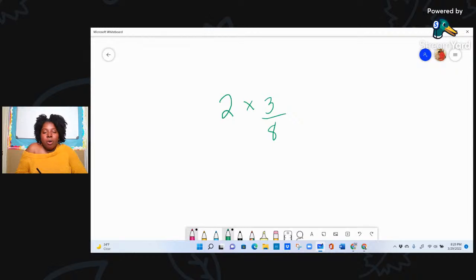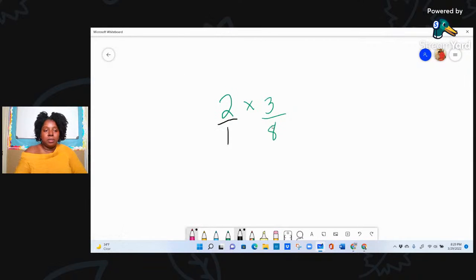Okay, so a whole number by a fraction. A 2 can be just a 2, or to make a whole number into a fraction, we just put a 1 underneath. That's it. Sorry, y'all. So it's 2 over 1 times 3 over 8.